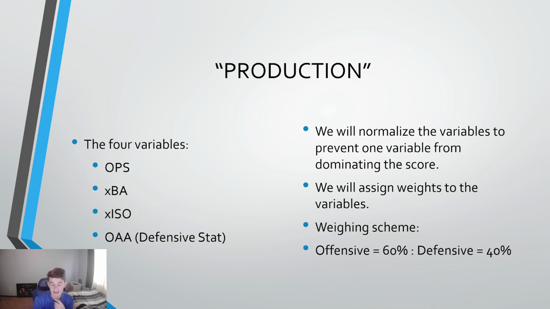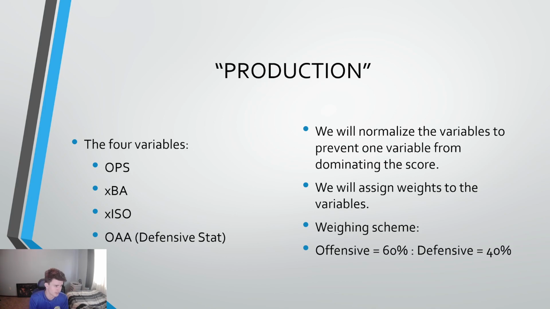And then OAA, outs above average. This is a defensive stat that MLB uses in Baseball Savant only. They do not release the calculation for this variable. They kind of keep it a secret for some reason. I'm not sure why. But this stat gives you an integer value after each season, and shows how well a player did defensively that year.